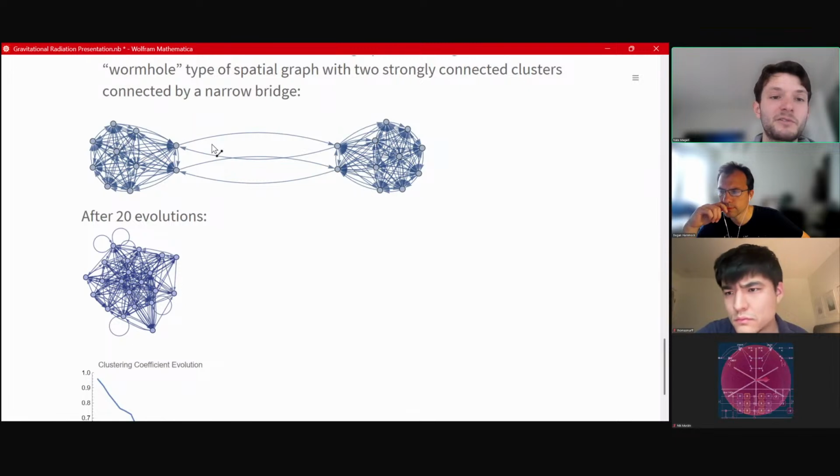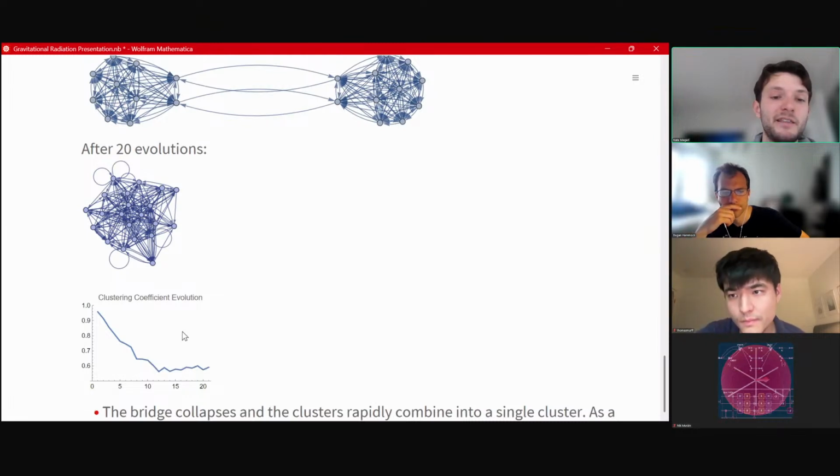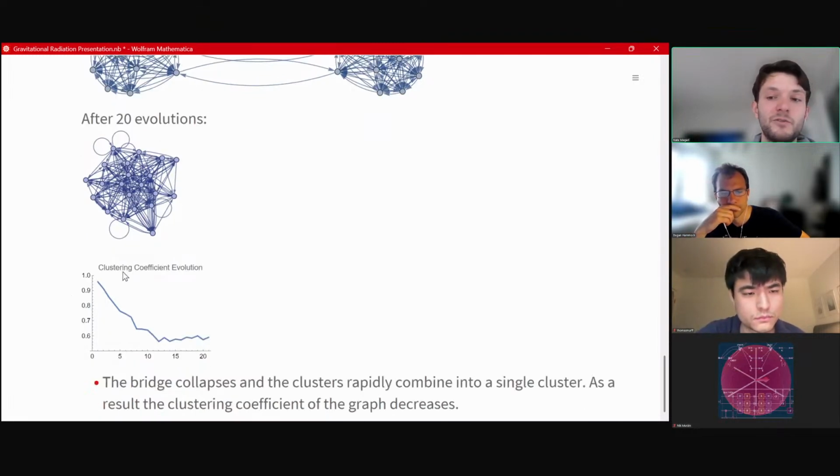And so I was kind of happy with this result because it shows that same kind of behavior of the wormhole collapsing in a sense. And we can see that in the evolution of the clustering coefficient as well.